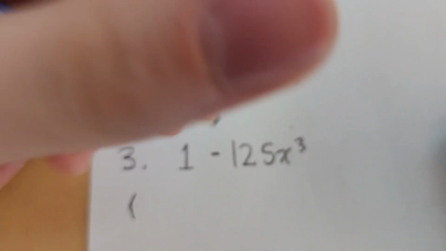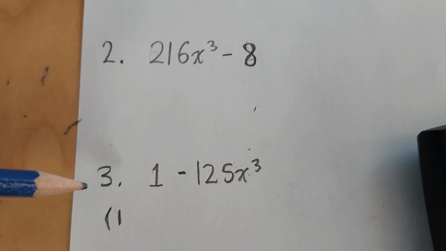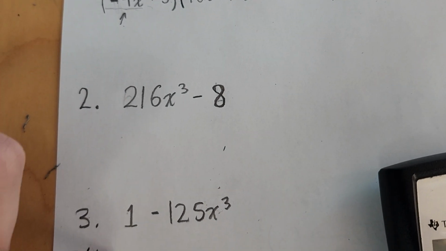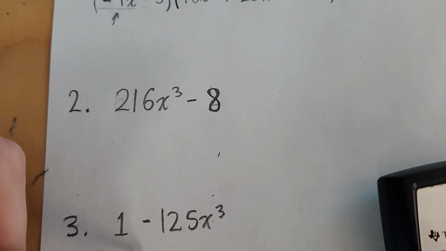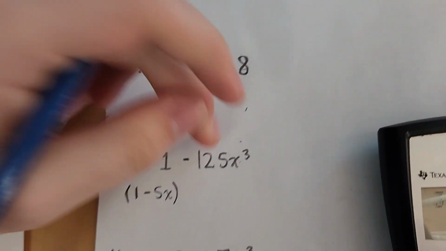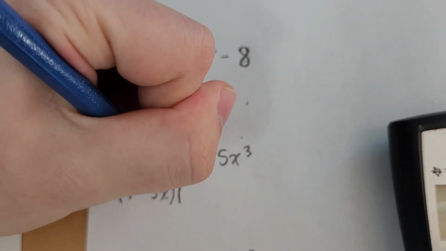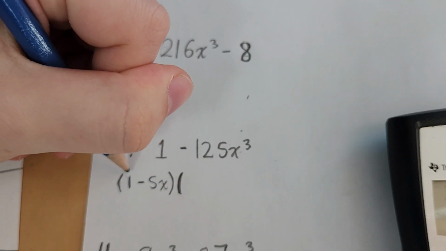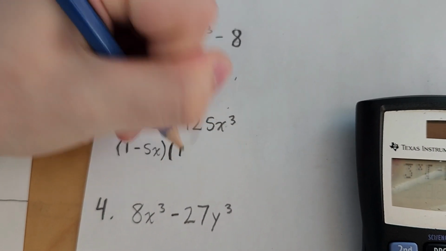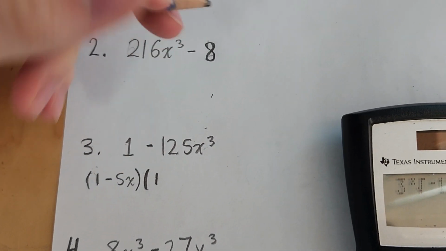Okay. So because this one is a positive, we put a positive 1 there, just a normal one. And then negative 5x, because 5x is the cube root of this negative 125x cubed. And then for the second term, 1 squared is just another 1. And then 1 times 5x gets us 5x.